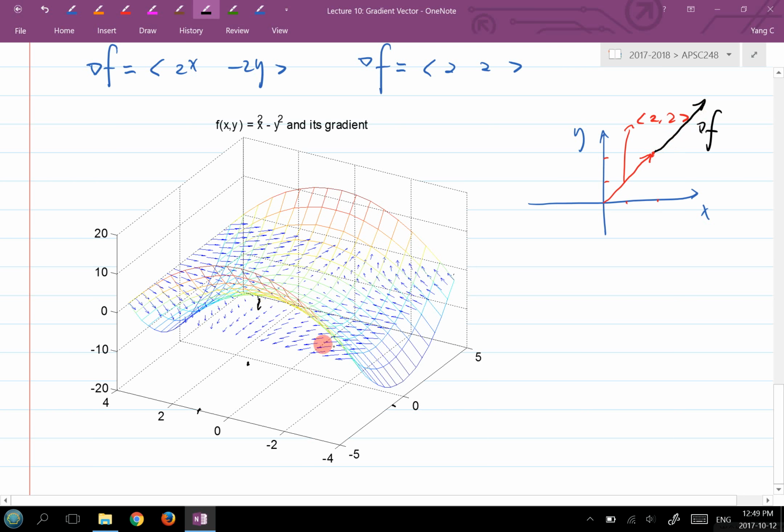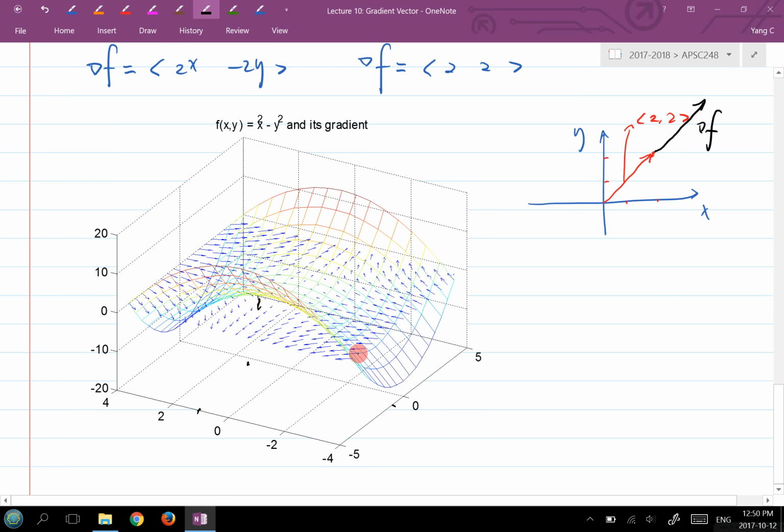Unit lengths. But you see the way I draw here, those blue arrows here are basically the gradient vectors. So they all have different directions and also different lengths, right? I'll tell you what the length means, what the direction means.